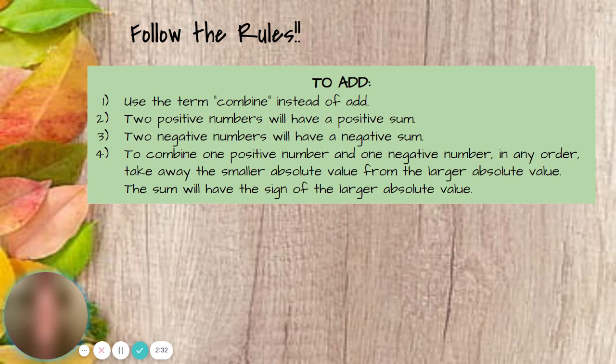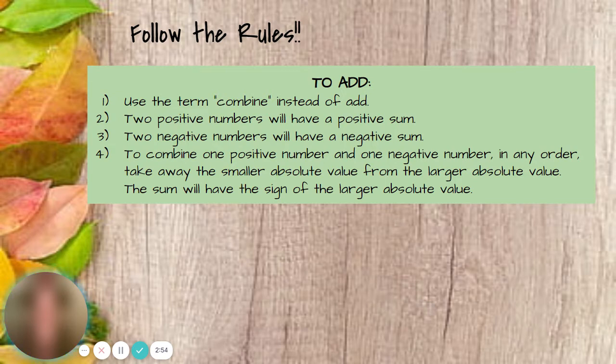If you combine a positive number and a negative number, so if you're adding a positive and a negative, or a negative and a positive, it doesn't matter what order it's in, you have to take away the smaller absolute value from the larger absolute value.